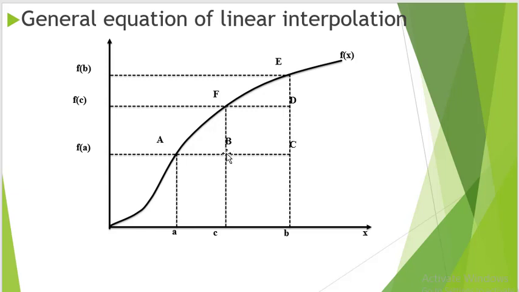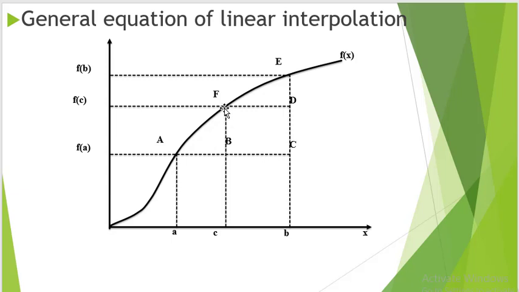I'll say the height of the small triangle divided by the height of the big triangle is equal to the base of the small triangle divided by the base of the big triangle. I will divide them like this.